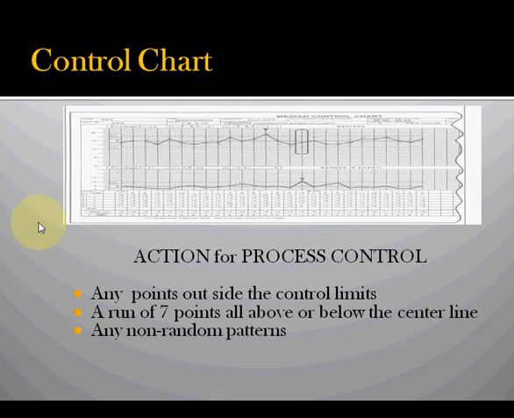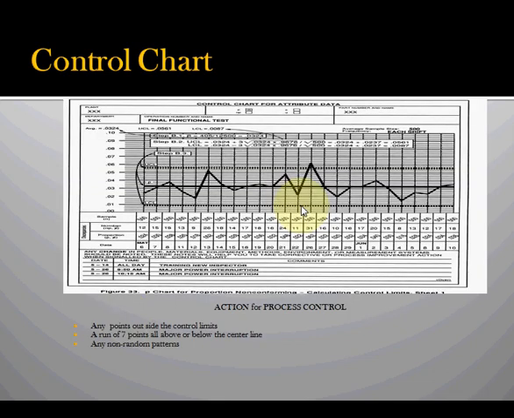There are 8 different control charts, and of course any point outside the control limits would be a problem. A run of 7 parts above and below the center line would be a problem, and any non-random patterns. All of these shouldn't repeat. They should all be random. They're simply the noise of the process.